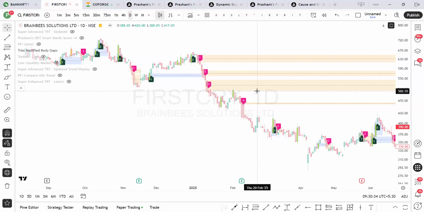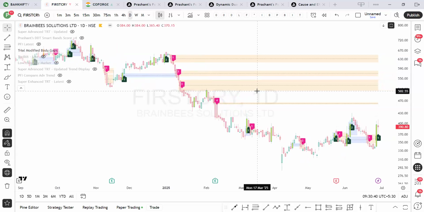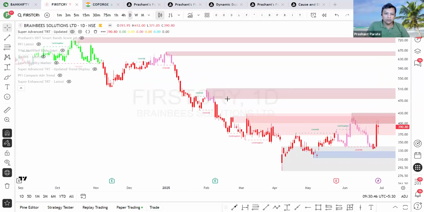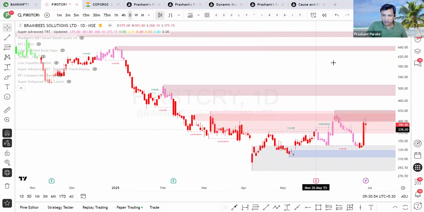But what I meant was that hidden gaps we have understood how they are formed. But these buying selling zones, how they are formed, that is the basic question. Buying selling zones form when prices break. Here the buying zone has formed in this change candle.